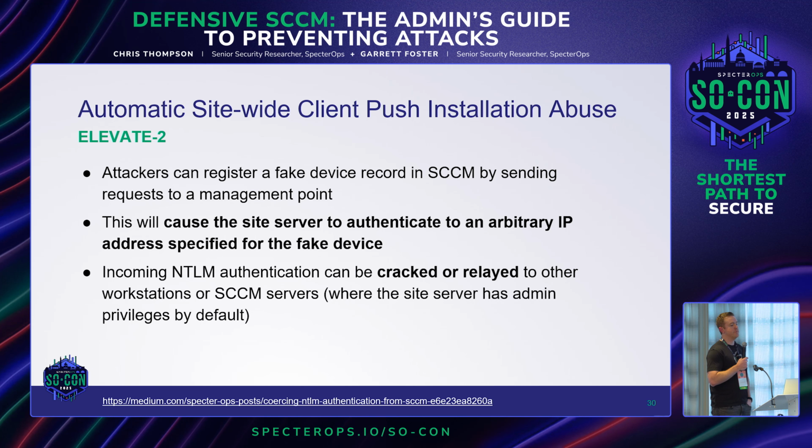If automatic site-wide client push installation is enabled for like when new computers are added to the domain, SCCM doesn't do anything to prevent you from creating a fake device record with a self-signed certificate for a fake domain device, just with a regular domain account. So you can create this device record with an IP address that you control. And then when this is discovered, the site server will authenticate to that IP address, which can then be relayed, or in some cases cracked if the configured accounts have weak passwords.